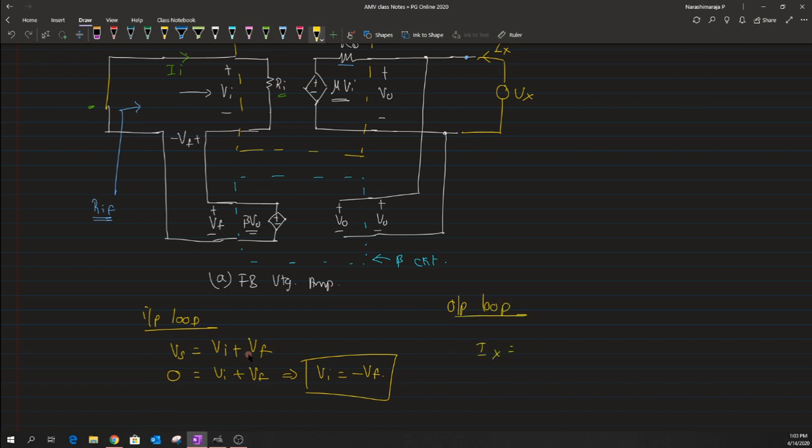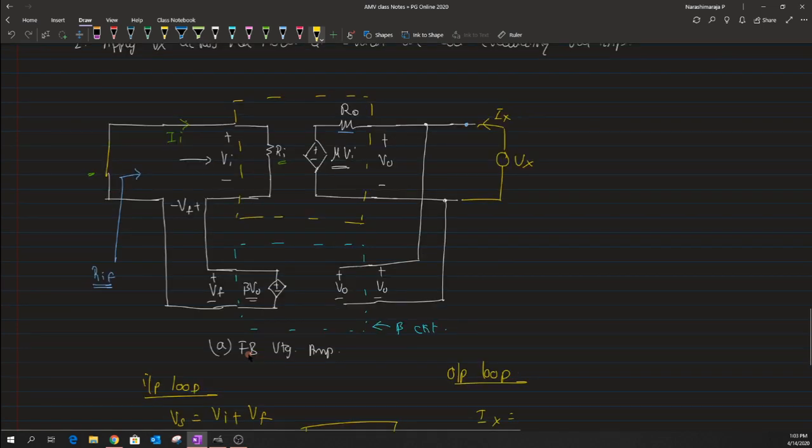Okay. So we will use this result from here, and with respect to the output loop, again one could see that the value of this Ix could be written as something like the current flow through this resistance R naught. Okay. So in order to write this current flow through the resistance R naught, we need to know what is the potential difference across this R naught impedance, right. So I am just going to use that potential difference value along with the resistance R naught in order to evaluate that. So towards the left side we have a voltage quantity which is mu times that of Vi, and towards the right side we have a voltage which is nothing but Vx.